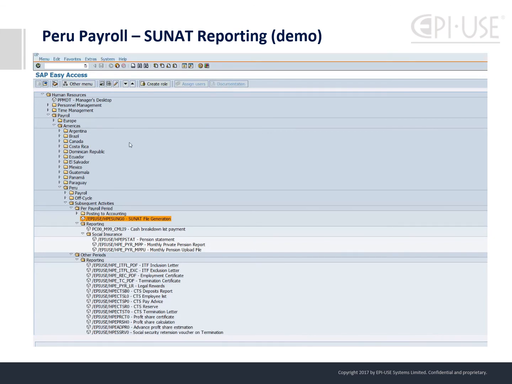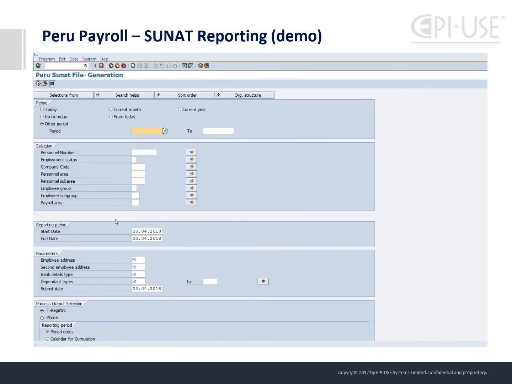To run the SUNAT, in the normal menu tree for Peru, there's this section, and the Peru, the payroll period, SUNAT file generation. So if one goes in there, there is also a lot of information that can be set. Let's just have a look at a variant here.